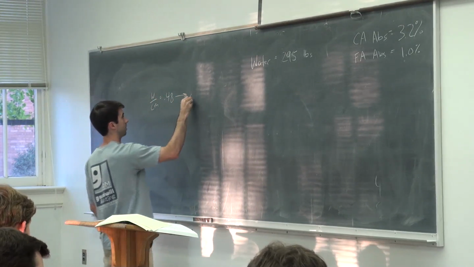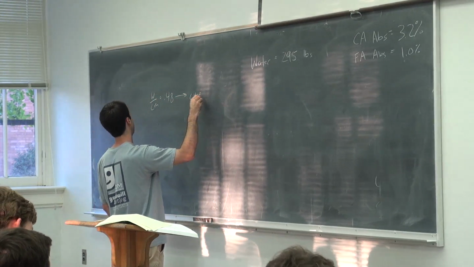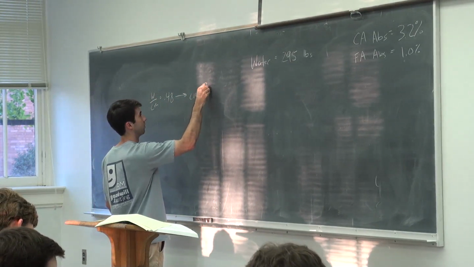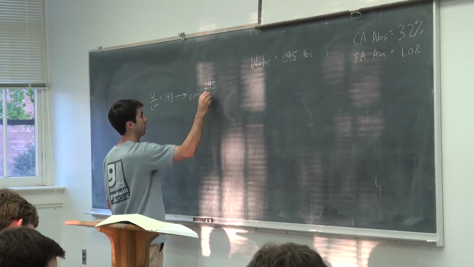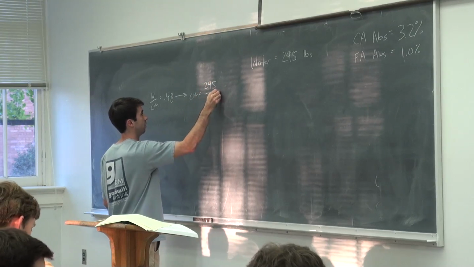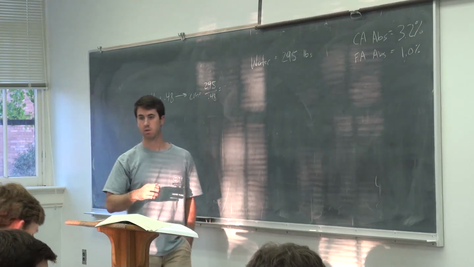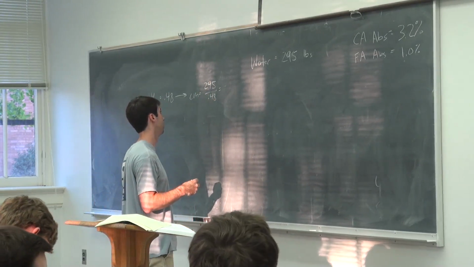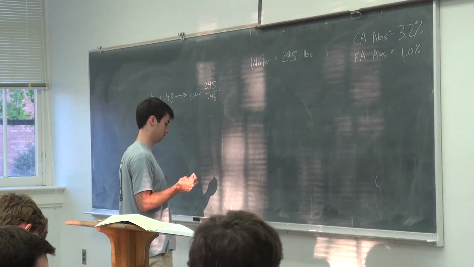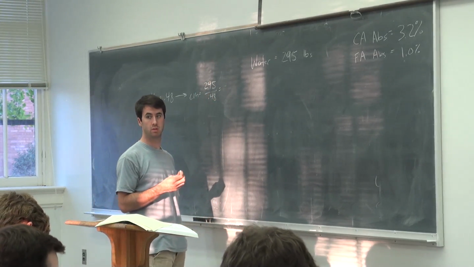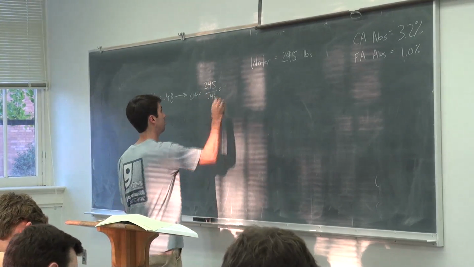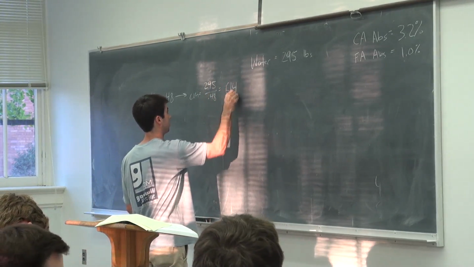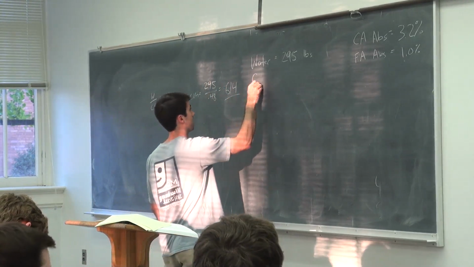If we want to calculate the cement, we say 295 divided by 0.48 gives you, somebody calculate that? 614.6. 614, let's go with that. So now we got our cement.